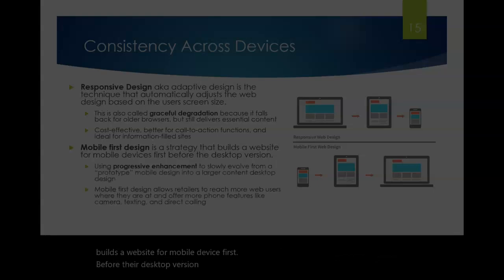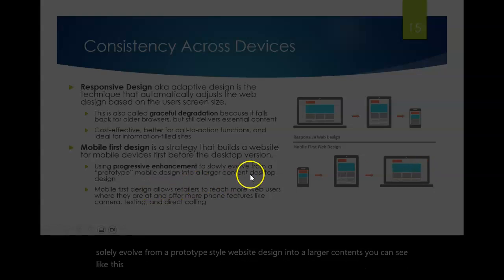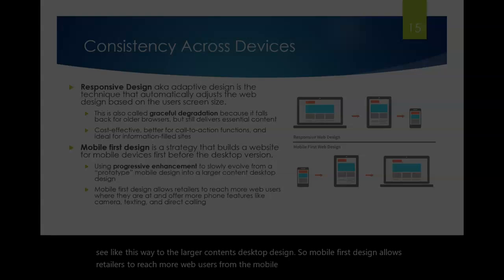And they use the progressive enhancement approach to slowly evolve from a prototype style website design into larger contents, you can see like this way to the larger contents desktop design. So mobile-first design allows retailers to reach more web users from the mobile devices, where their ads in them, because it also can integrate more phone features like camera, texting, and direct calling, this kind of function.